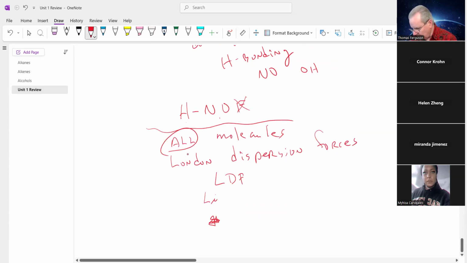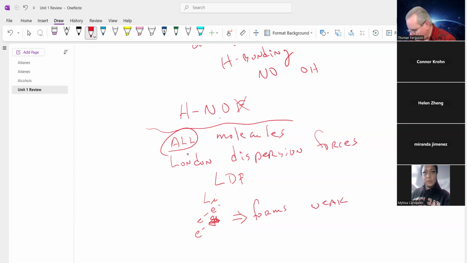Like if we're looking at lithium, lithium has 3 electrons. And those electrons, 99.9% of the time, are not perfectly centered. They're off to one side or the other. Hence, it forms a weak dipole. So it's weakly polar.